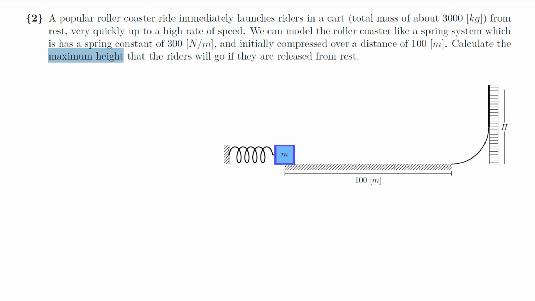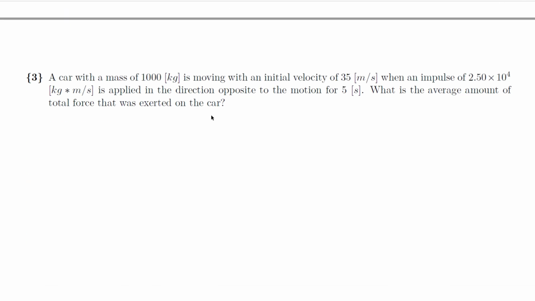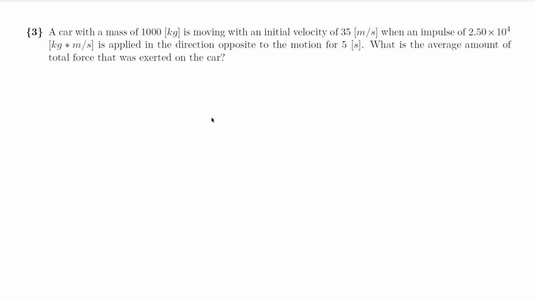So we leave the spring in its uncompressed or unstretched position after it's moved through 100 meters. And the mass would just go up the tower on its own at that point. Let me know if that was good.